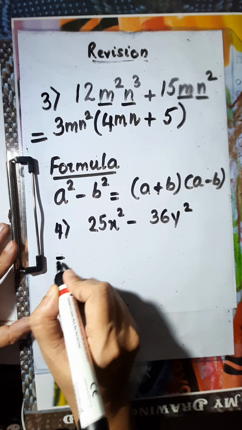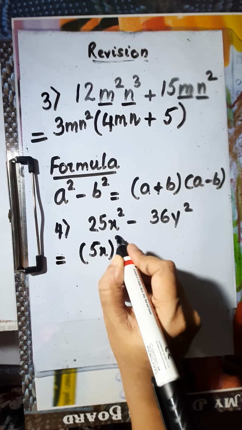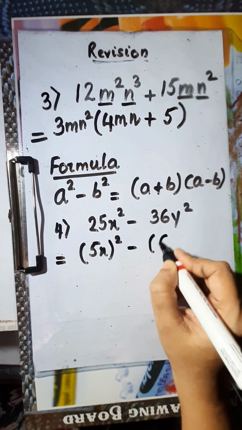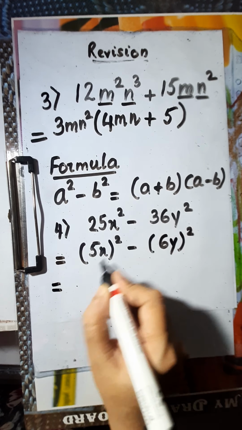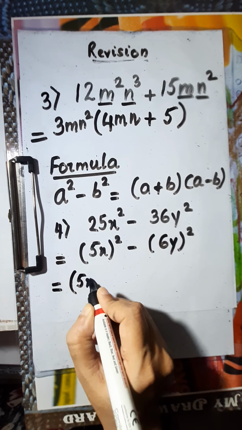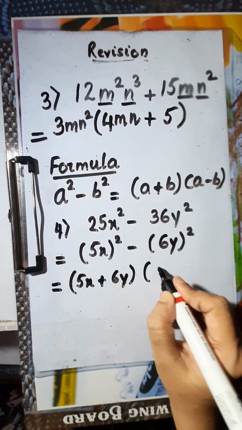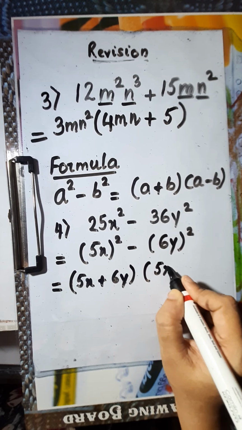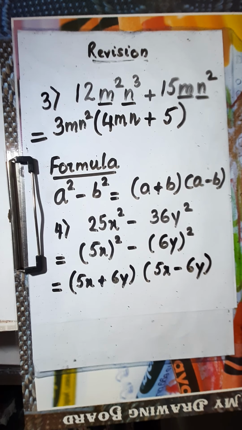We learned this last year. This becomes 5x the whole square minus 6y the whole square. A square minus b square is a plus b, a minus b, so 5x plus 6y, 5x minus 6y.